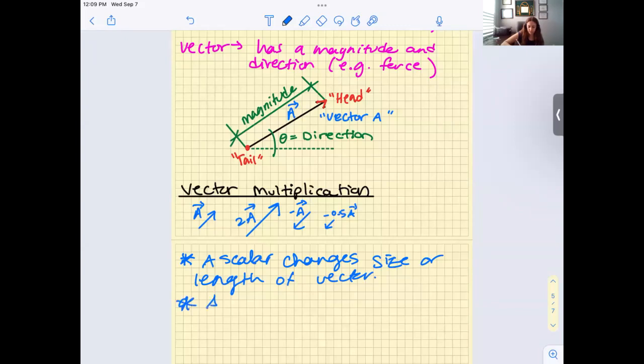And a negative sign changes the direction. Questions so far?